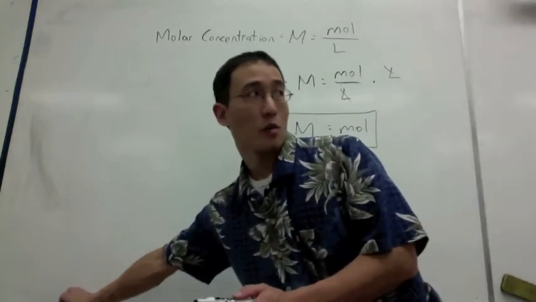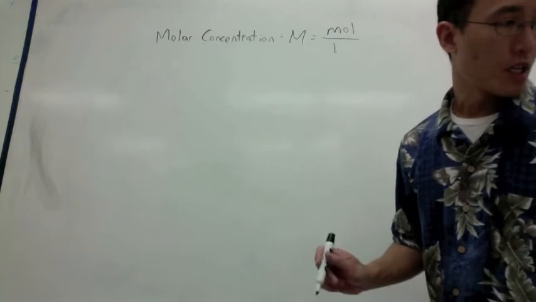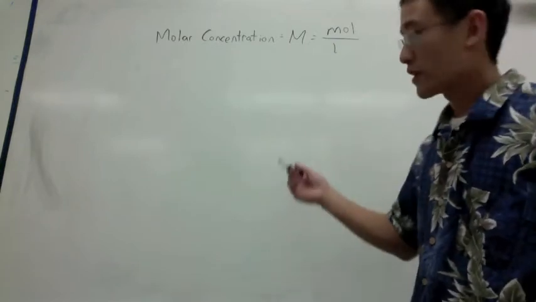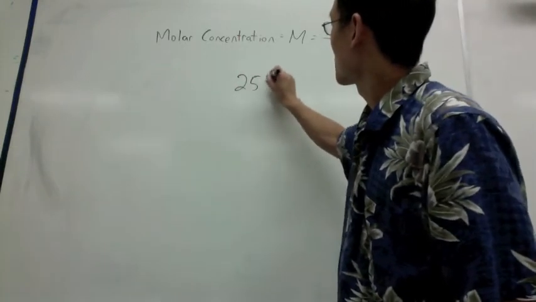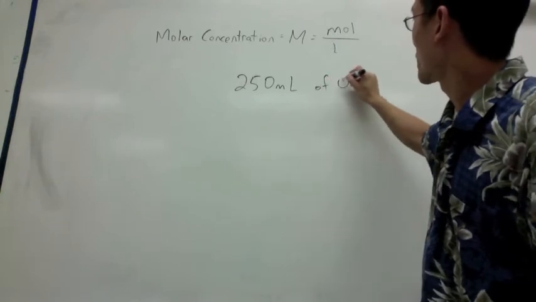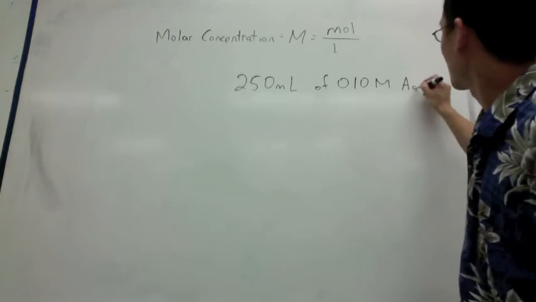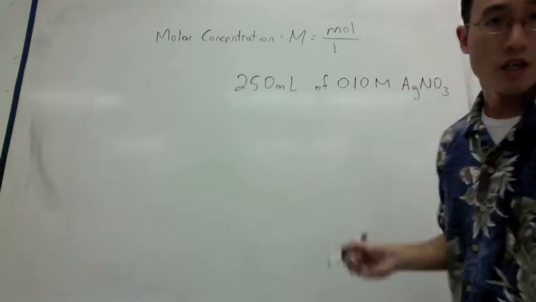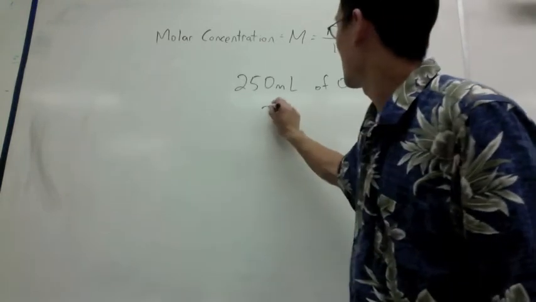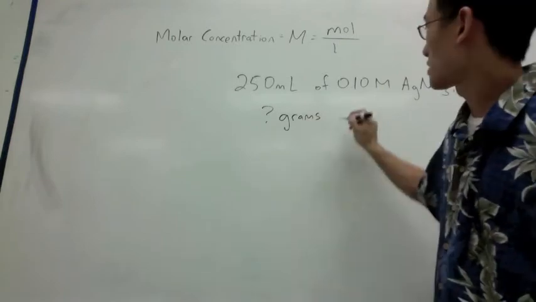So let's say I have a problem here, question 6 in the handout. I have 250 milliliters of 0.1 molar solution of silver nitrate, and the question is, how many grams do I need to prepare this?